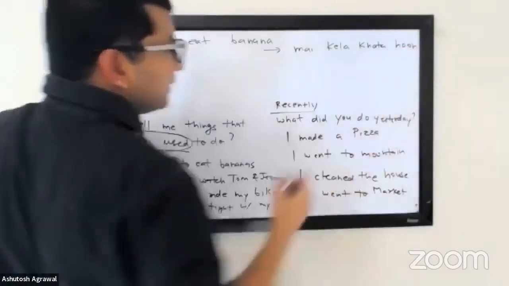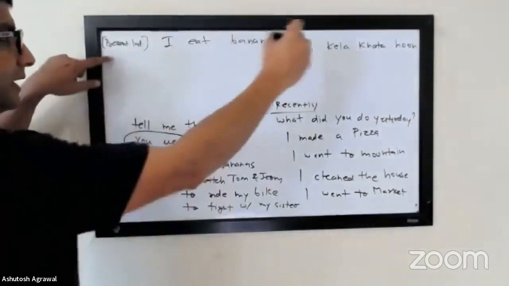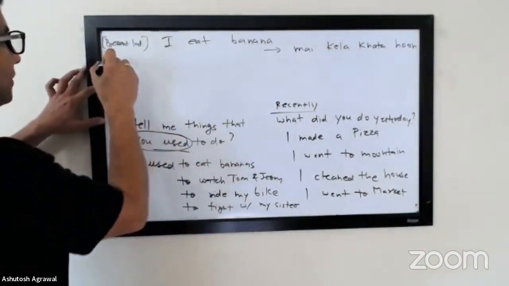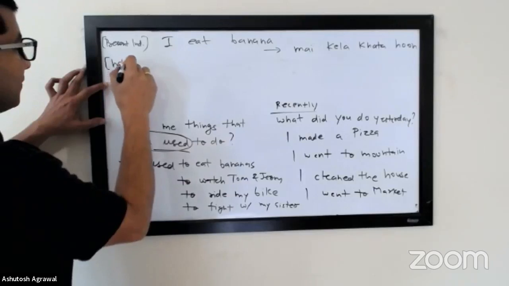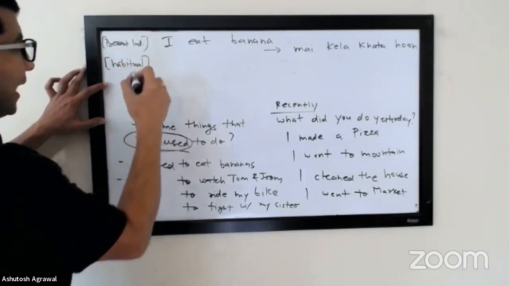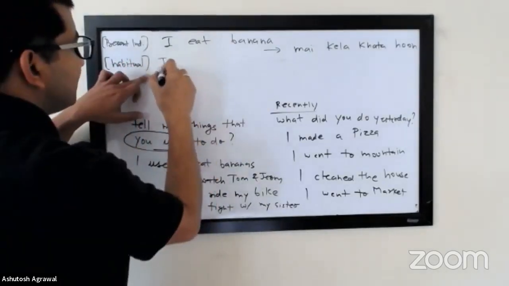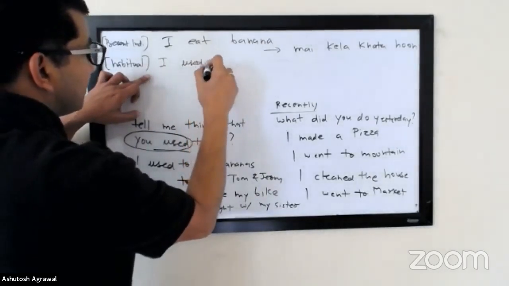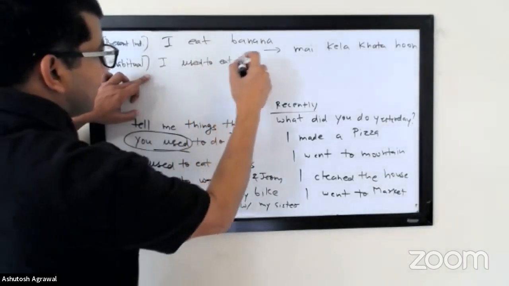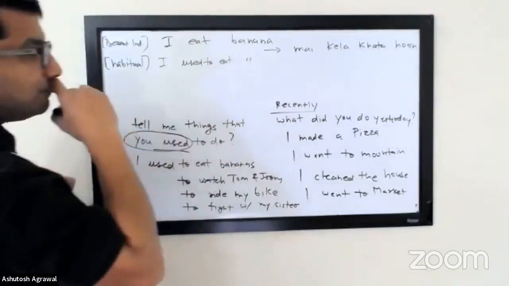Amazing, right? Now from there you want to use the habitual. Habitual is I used to eat bananas. Okay, मैं केला खाती थी. Very good.